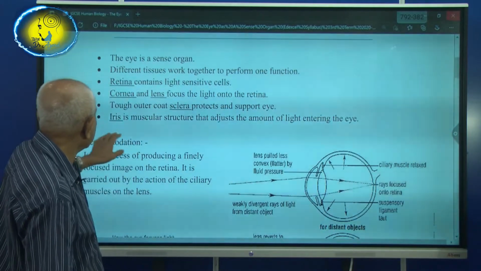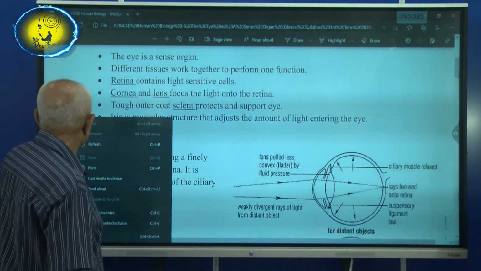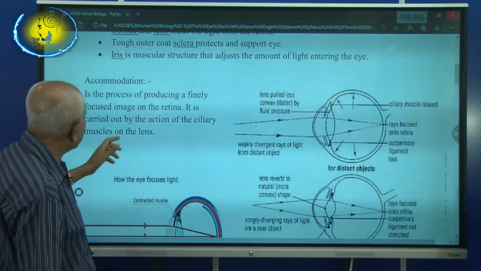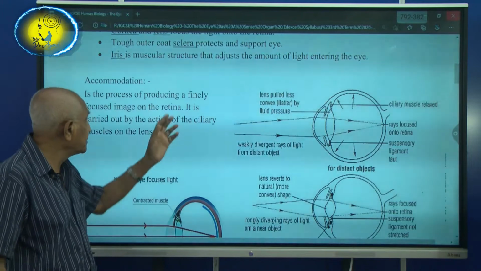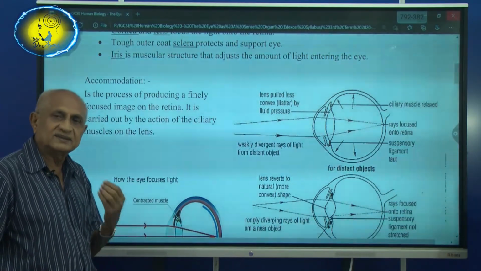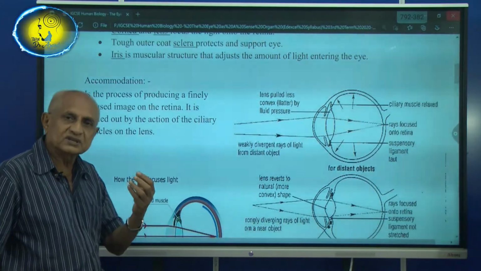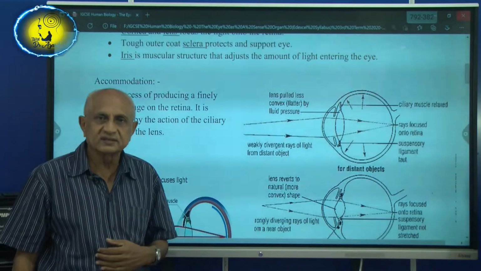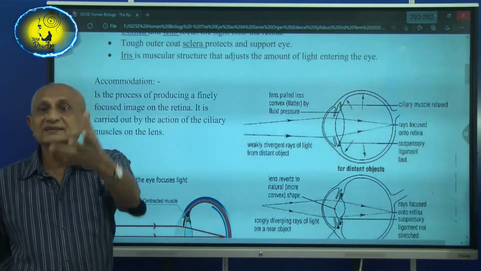Now we'll see what is accommodation. Accommodation is the process of producing a finely focused image. Where is this focused? It is focused onto the retina. You can see nearby objects, you can see distant objects.